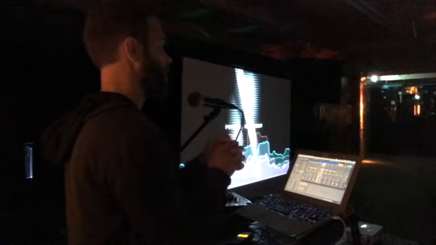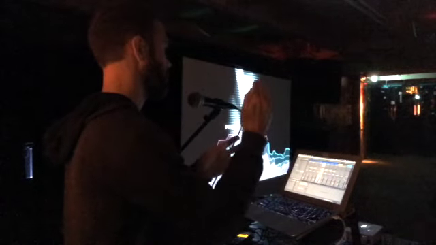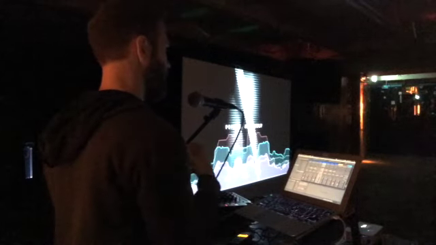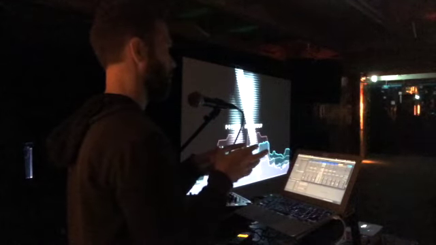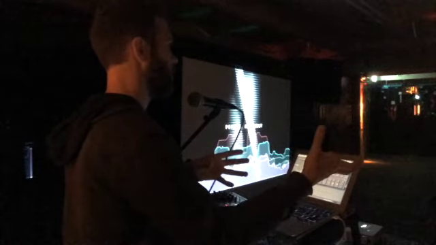So one filter may be very sensitive to the movement in the brain, the other one may just move it 30%. And so that's the combination of taking the data, doing the technical data mapping, and then making creative decisions with the sound design.